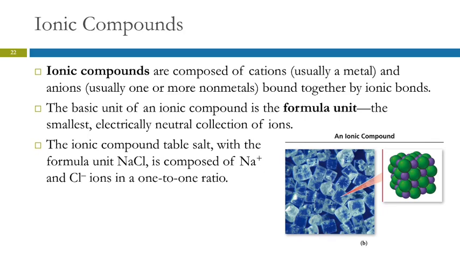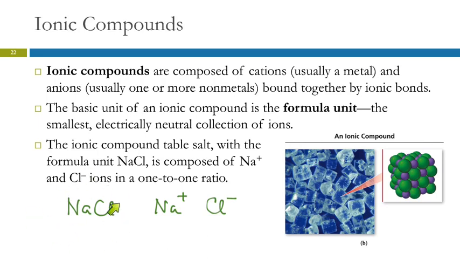So for ionic compounds, we're always talking about an empirical formula. We're going to look at the formula as being NaCl, because we've got a sodium ion with a positive charge and a chloride ion with a negative charge. And we need one of these for every one of these, so it's a 1-to-1 ratio.